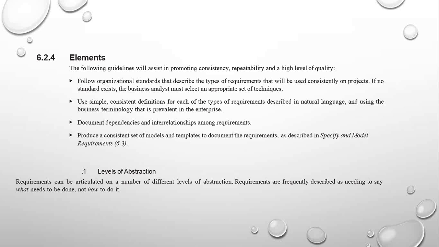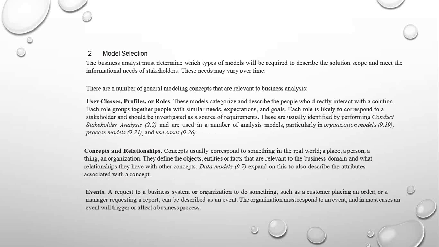When you are writing the requirement, always remember what is needed, not how you are going to do it. Because you are writing the requirement and saying that this is what the future need is. How to do it, that's not the business analyst's job. That is an altogether different area, who has to decide how to achieve what is expected. That's not your job. So level of abstraction is exactly what it is. Then we have model selection.